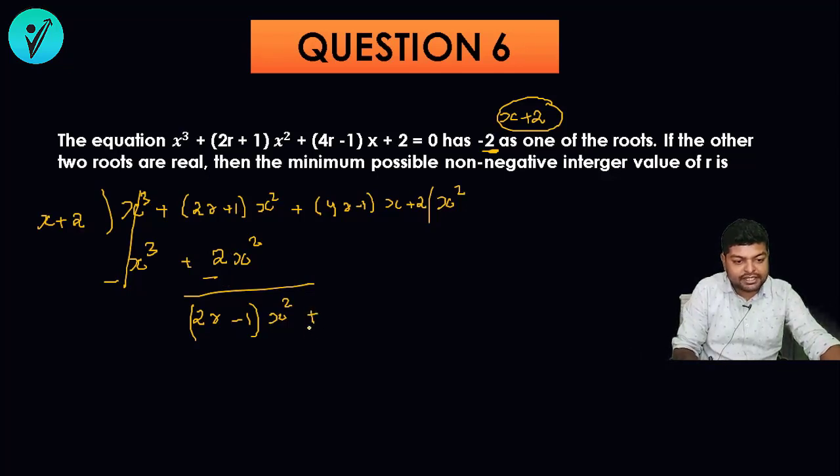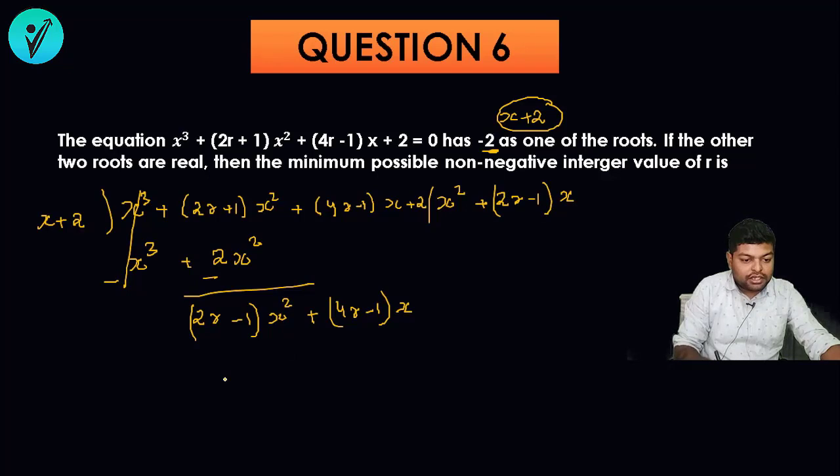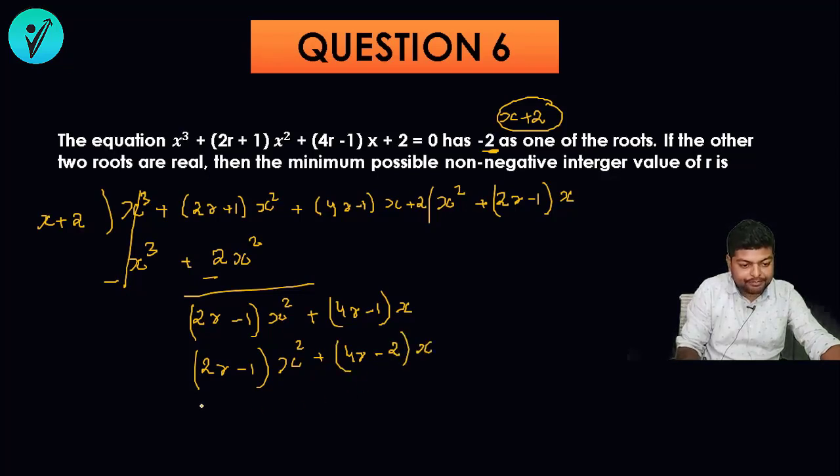Then I'll have plus (4r minus 1) x. The next term we take will be (2r minus 1) times x. So this will be (2r minus 1) x square plus 2 into 2r, which is 4r minus 2, times x.